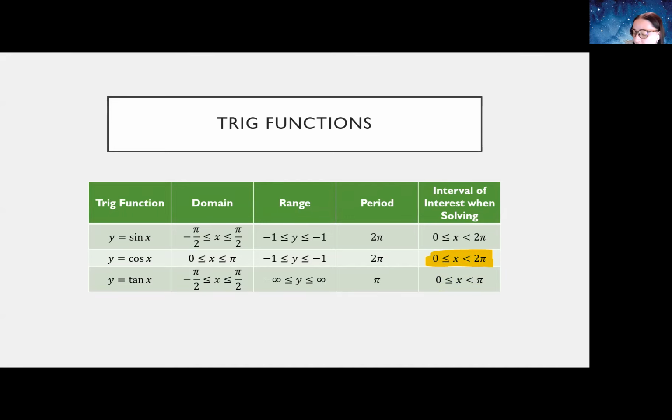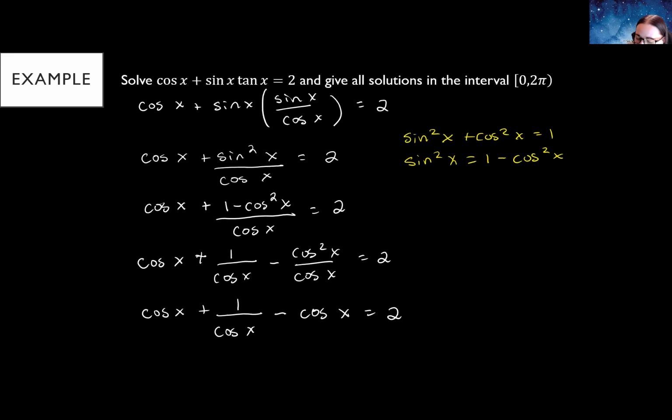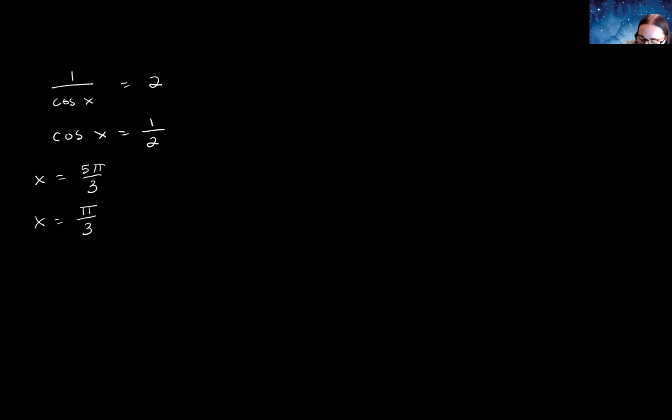So both of these answers are between 0 and 2 pi. And it's specified here, we wanted all solutions in the interval 0 to 2 pi. So that means that these are both solutions. So if we have more than one solution, we'll usually write it combined: pi over 3 and 5 pi over 3.